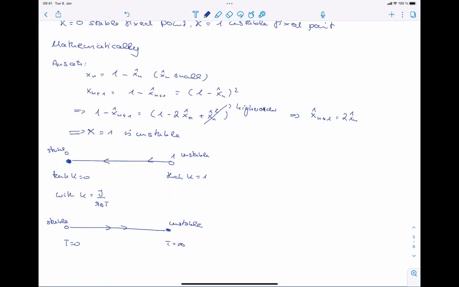This is in a very simple setting. Here we're looking at the renormalization flow, and you're going to see next year that you can embed these renormalization flows in principle in a high-dimensional space.